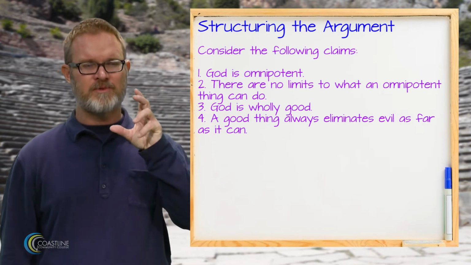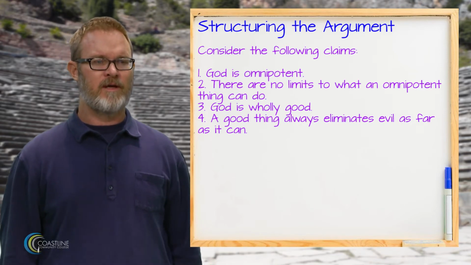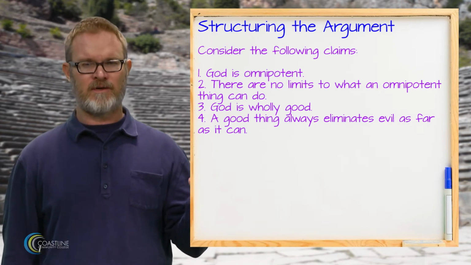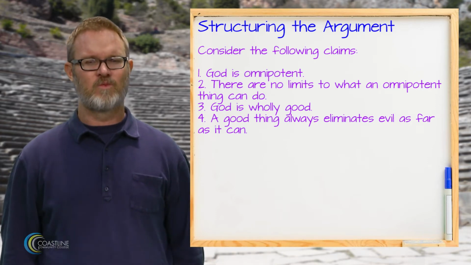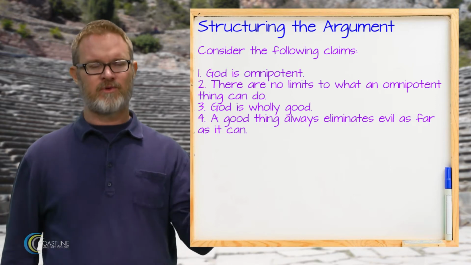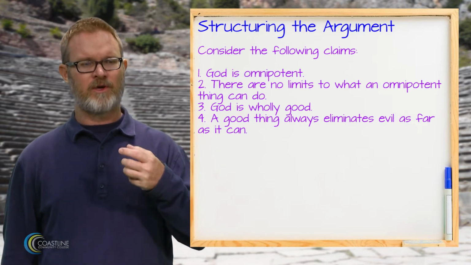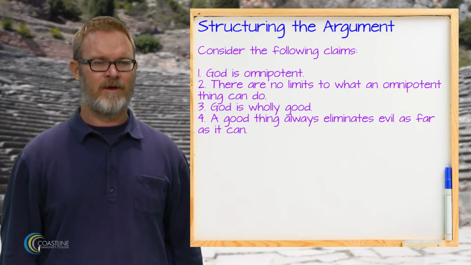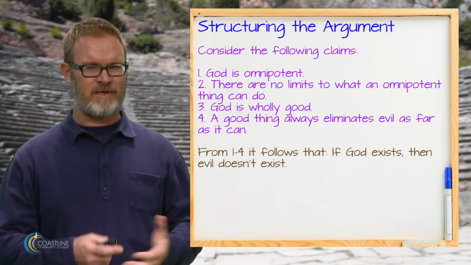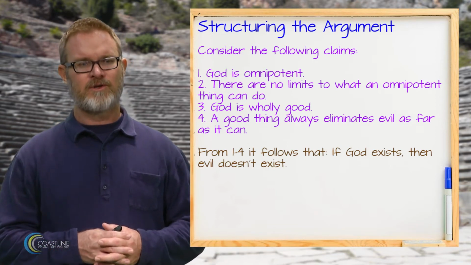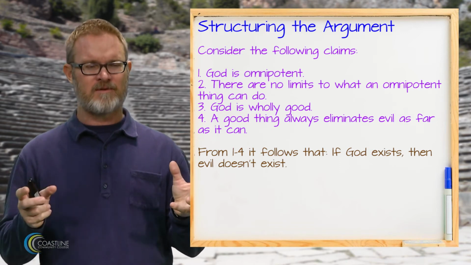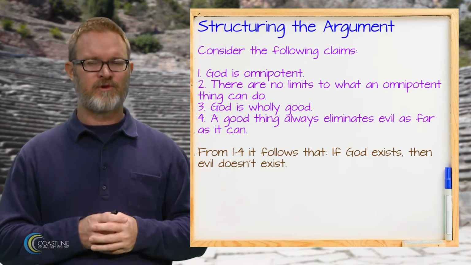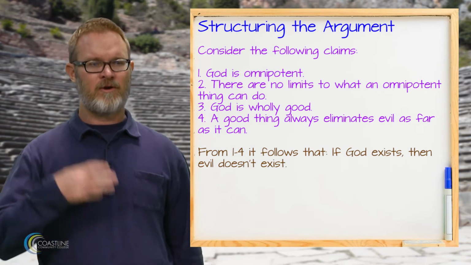If you take those 4 claims together, if you add them up, but then you also assume that God in fact is real, that God exists, what would have to follow, right? If God is real, and yet omnipotent and wholly good, and an omnipotent thing has no limits, and a wholly good thing would eliminate evil as far as it can, then what would follow if God existed is that evil wouldn't exist. So we're going to add that premise. If God exists, then evil doesn't, which is a claim that follows from the first 4 premises here. That'll go as our 5th premise.